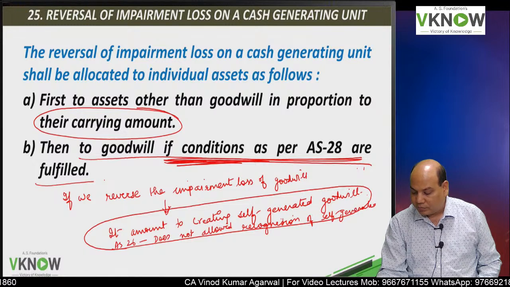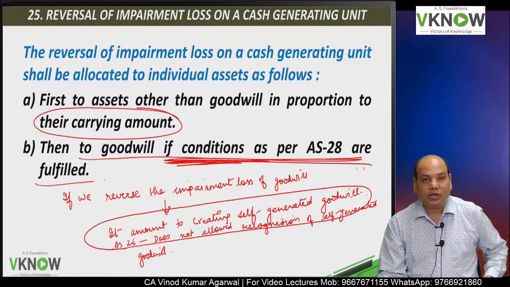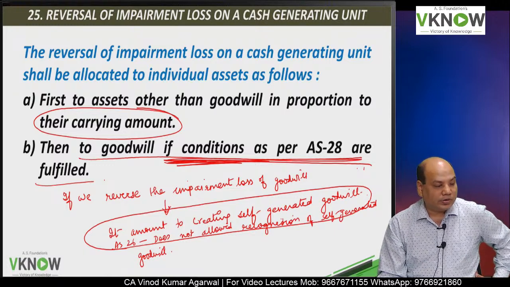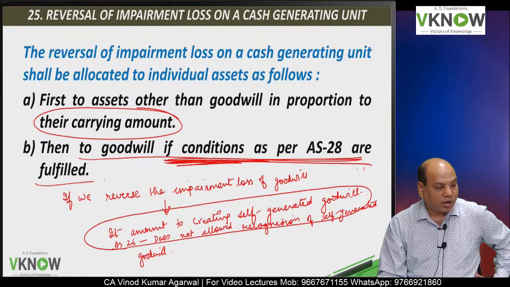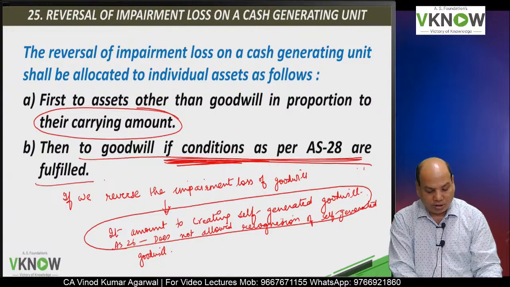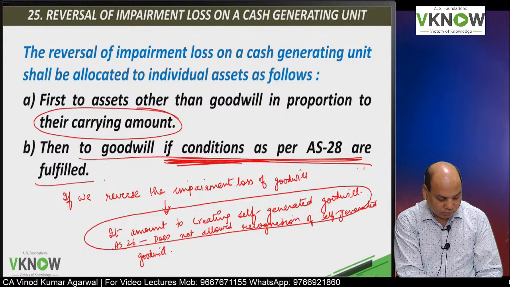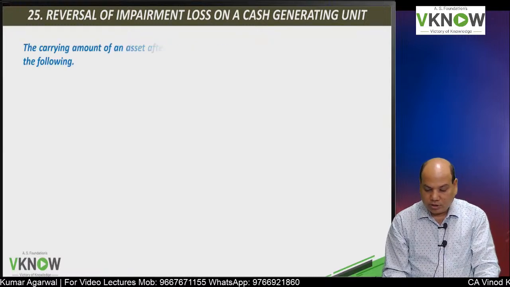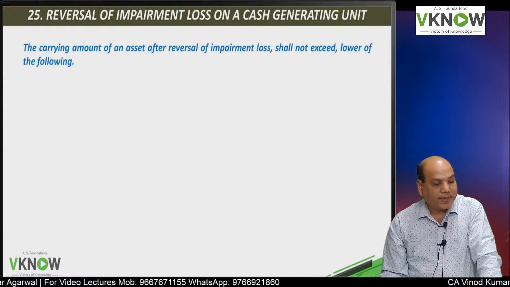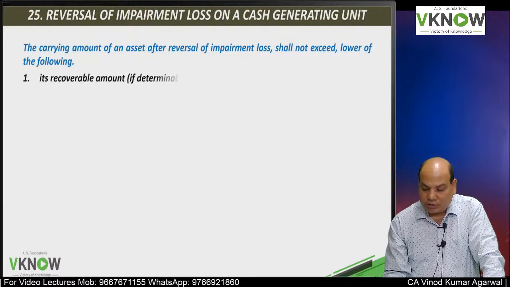I hope you have studied AS 26 Intangible Assets, where self-generated goodwill and self-generated brands are not created. But if two conditions are fulfilled, then goodwill can be reversed. Next line, when we are reversing the impairment loss, it means the carrying amount will increase.